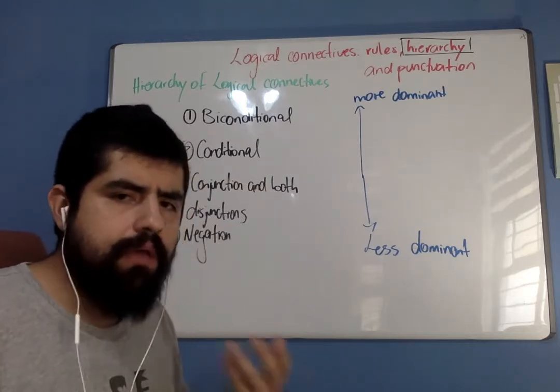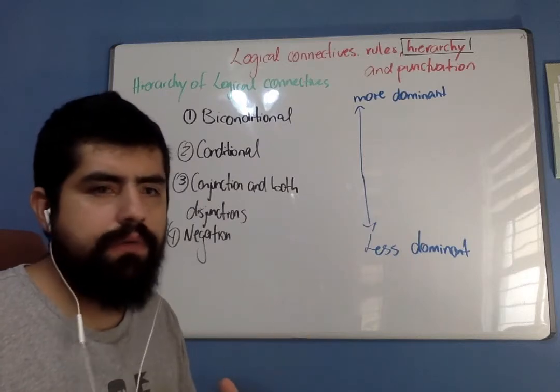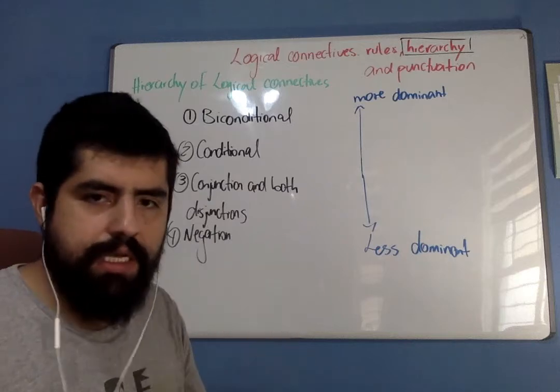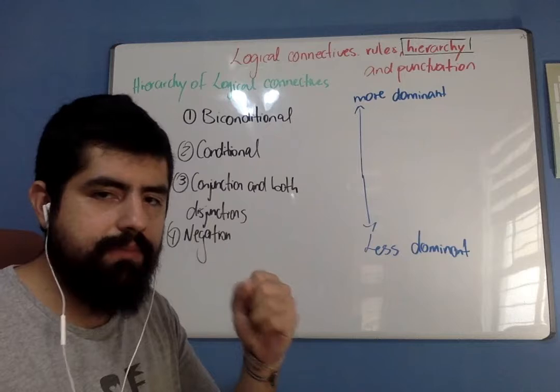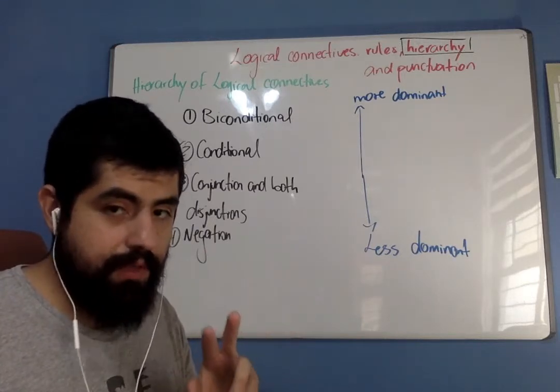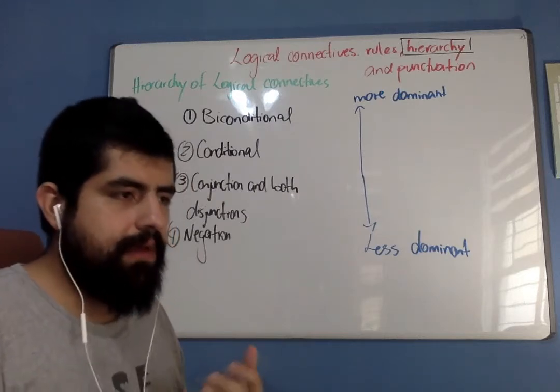So how can we know which one is going to be the logical connective that is the most important one of the expression? Well, we can determine that in two ways, okay? That actually is talking about the same stuff.